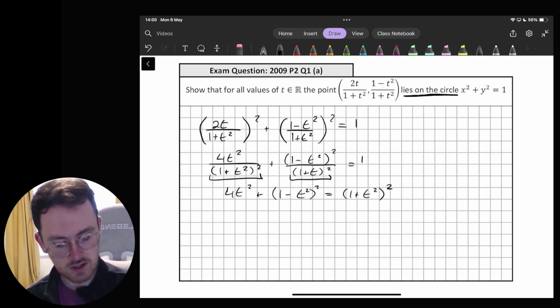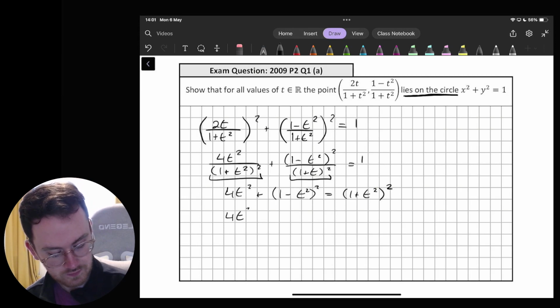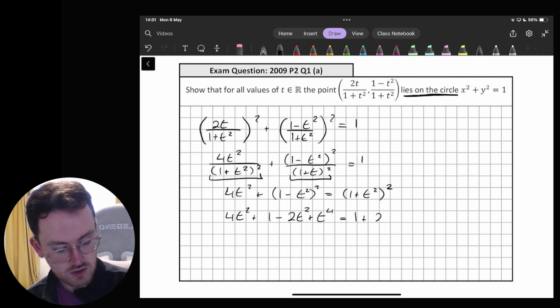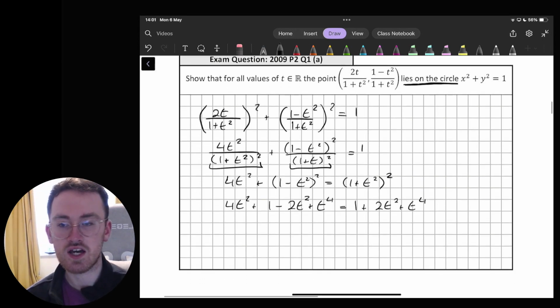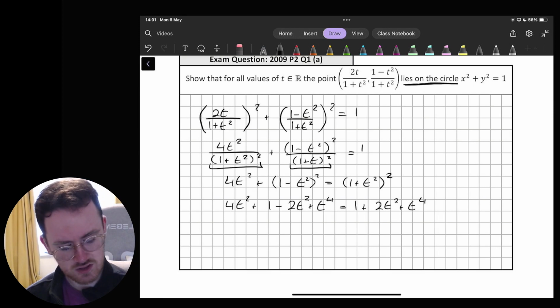So now we need to expand our brackets. And on the right hand side, same thing again, 2t squared plus t to the power of 4. We're going to see where all of this takes us now. I can see that my t to the power of 4, because it's on both sides, is hopefully going to cancel out a little bit.